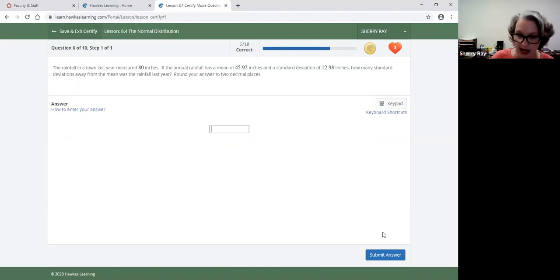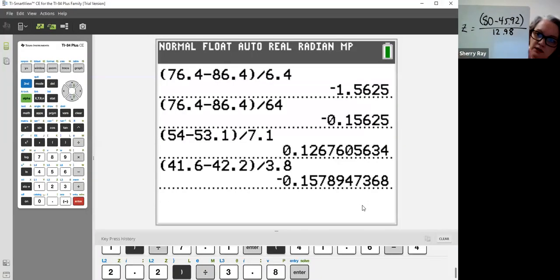So I'm going to take my data point 80, subtract 45.92, divided by my standard deviation. This is what I'm going to be putting in my calculator here.